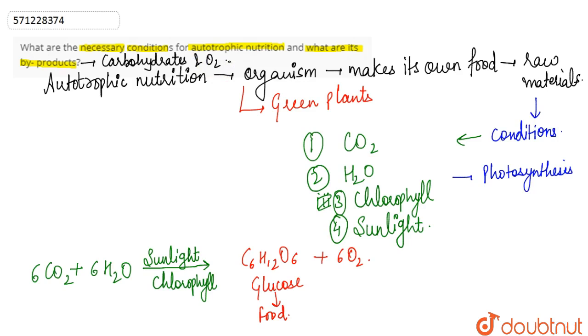This is the complete answer: the necessary conditions for autotrophic nutrition are the presence of carbon dioxide, water, chlorophyll, and sunlight, and the byproduct of photosynthesis or autotrophic nutrition is the carbohydrate or glucose, the food of the plant, and oxygen.